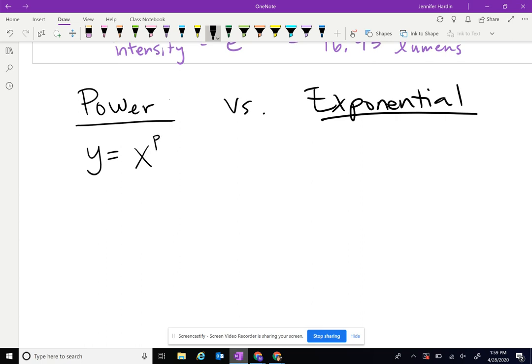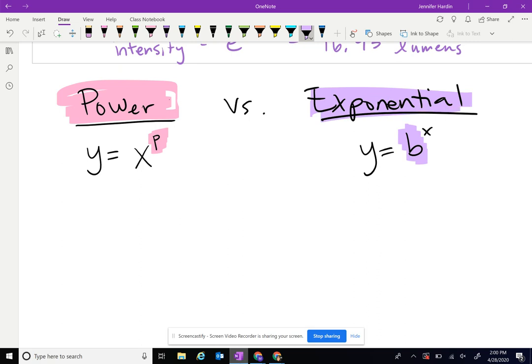We had an a in front of it yesterday. For our exponential models, they're a little bit different. So where is the variable versus where is the constant? Here you had a power. And today, for the exponentials, x is the exponent.